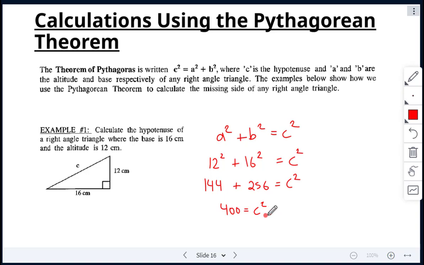That is what c squared is equal to. So we still have to figure out what c is equal to. The last step is taking the square root of both sides. The square root of 400 is 20, and now we have the answer for c. So therefore 20 centimeters is equal to c here.